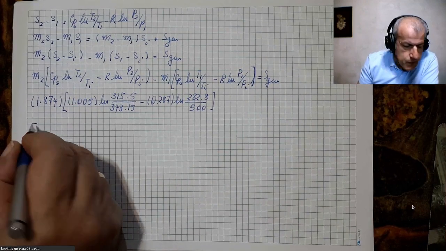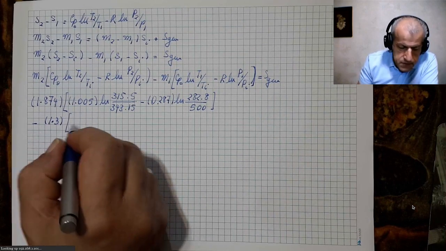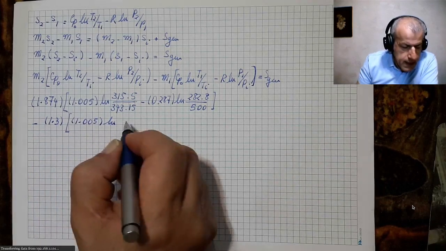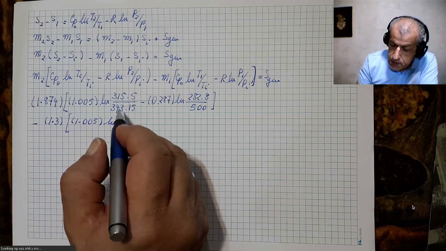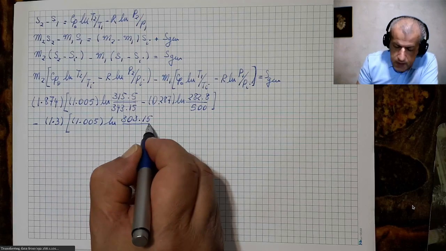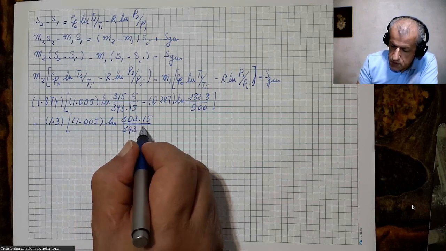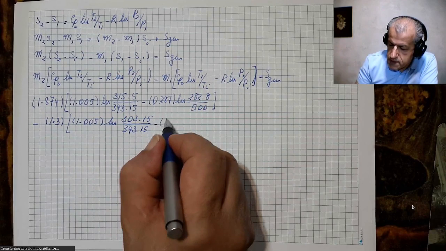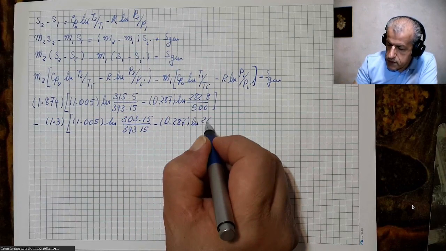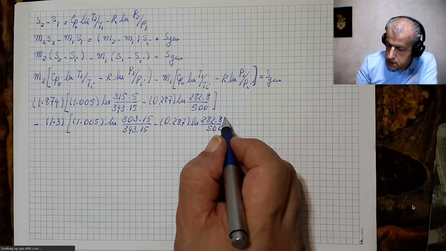minus M1, which was 1.3 times 1.005 ln T1, 303.15 divided by Ti, which is 343.15, minus 0.287 ln 282.8 divided by 500.